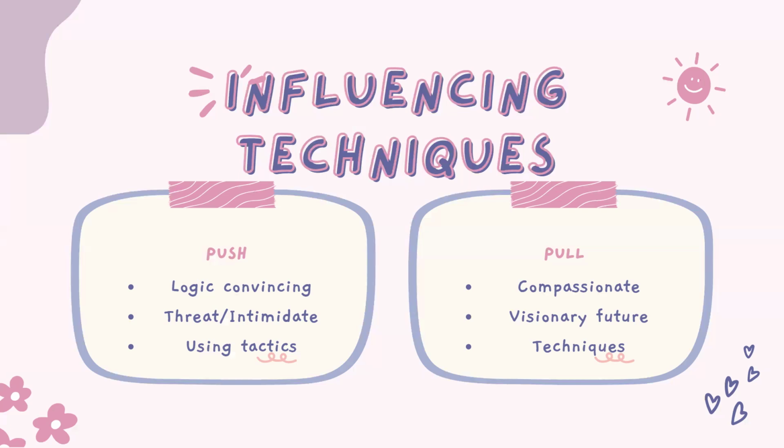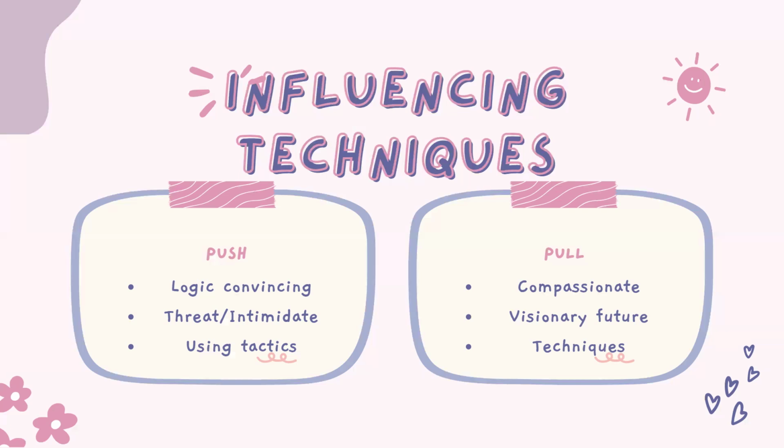Push is quite direct. The influencer who uses push doesn't conceal that he's trying to convince the other party. He would look to convince the other party by using logic or threatening the other party into submission, or use some tactic like take it or leave it, or hyperbole, to get what he wants.